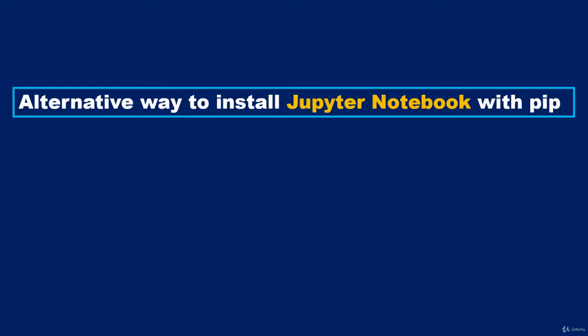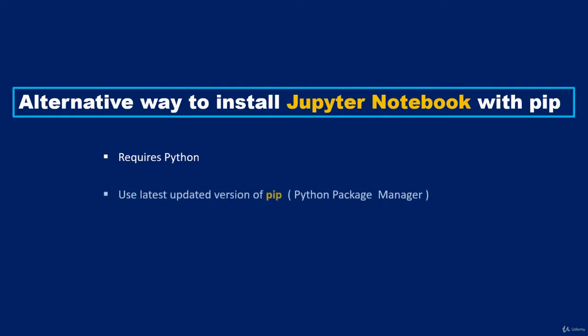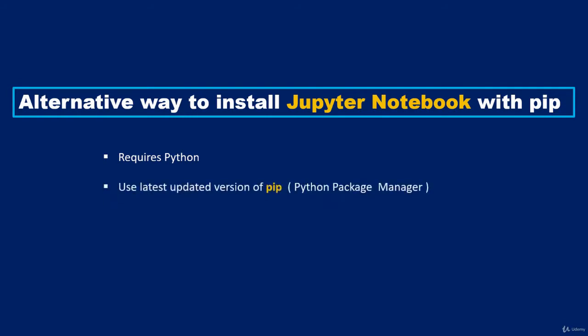So before you set up the Jupyter Notebook using pip, you must make sure you already have Python installed, and then you need to make sure you have the most recent and updated version of the Python package manager, which is known as pip. And the way you can do that, if you are using a Mac, if you've got a MacBook, Mac comes pre-installed with Python version 2.7.